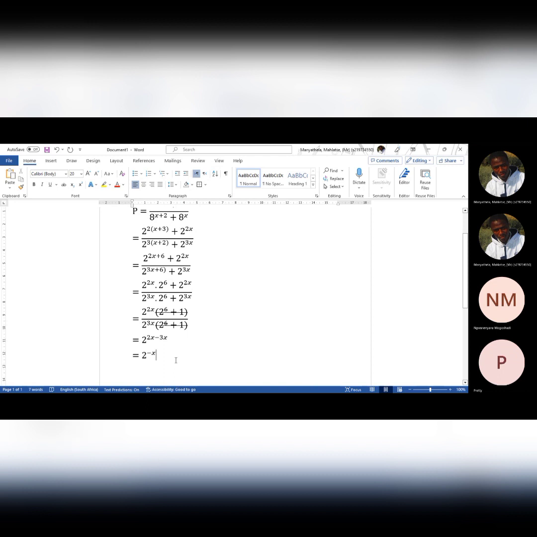So we simplify. We can write it as 1 over 2 to the x.